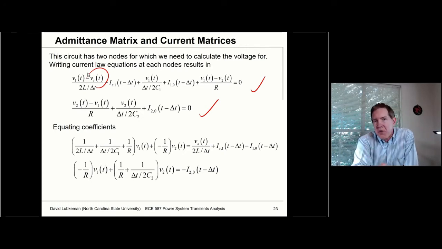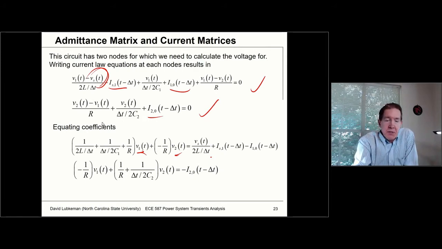I equate the coefficients, so I get all the terms for V1 together, all the terms for V2 together. The term for Vs, I put on the right-hand side. All these history terms, I get over on the right-hand side. And now what I've got is an admittance matrix.